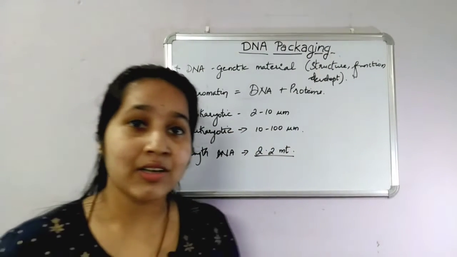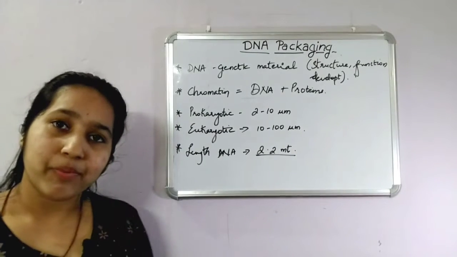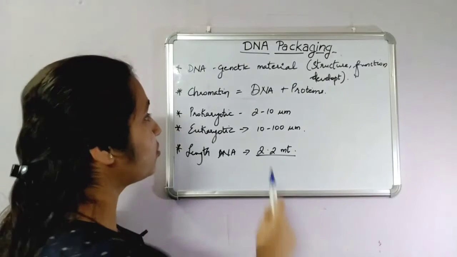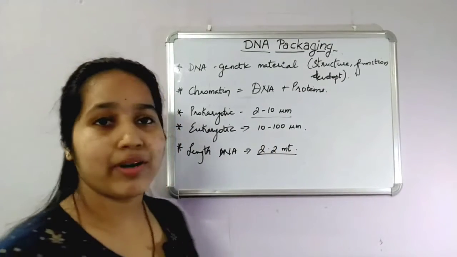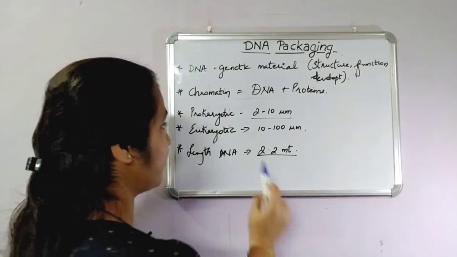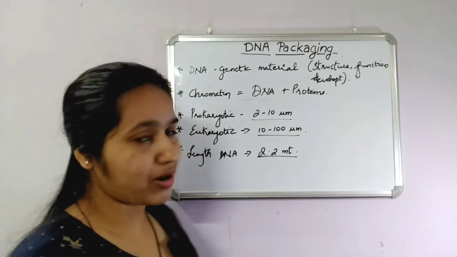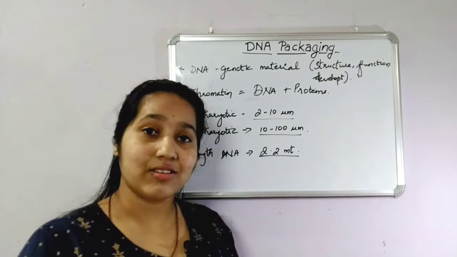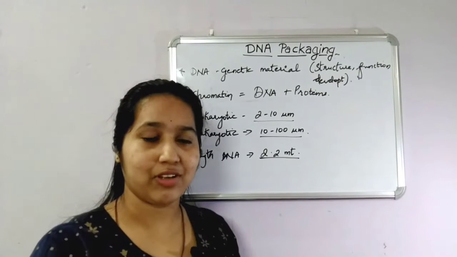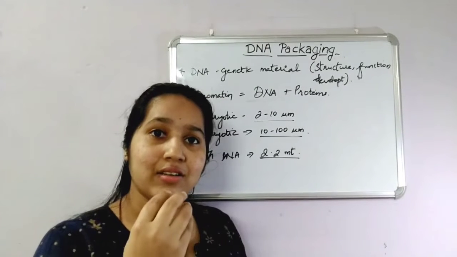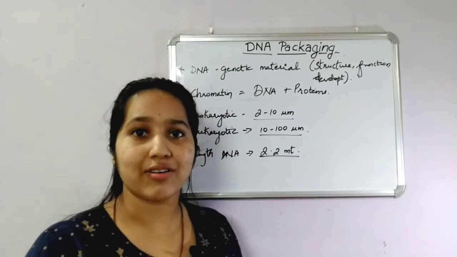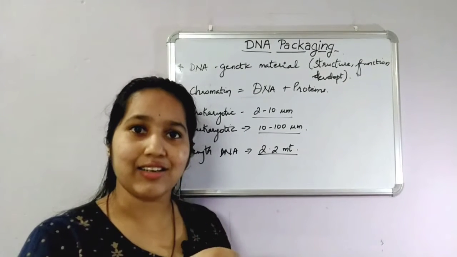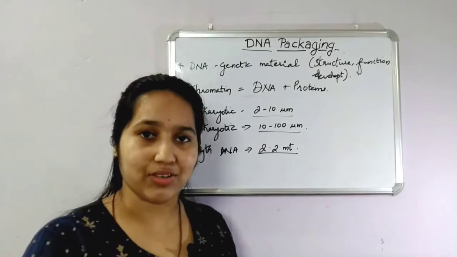That is, the DNA plus the proteins together form the chromatin. Now, the prokaryotic cell size is around 2 to 10 micrometers, whereas that of a eukaryotic cell is 10 to 100 micrometers. And this is the size of the cell. So imagine that the nucleus is even smaller than the cell as a whole, and this DNA is situated inside the nucleus.